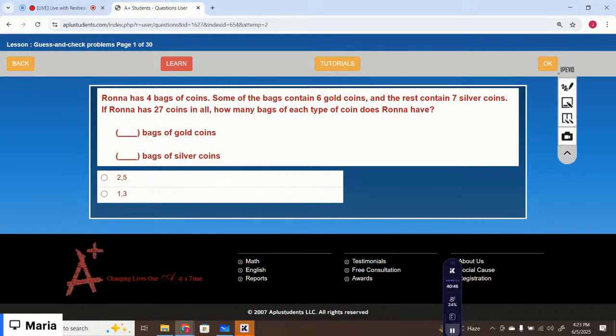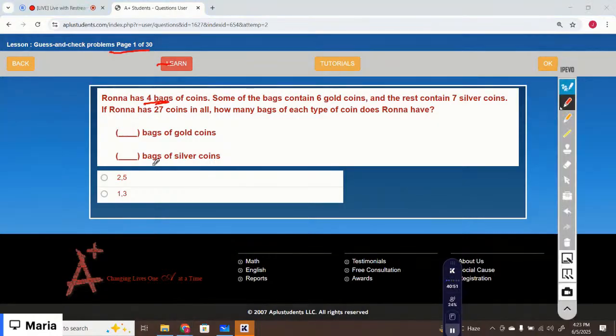So, how many bags of each type out of 4 bags of coins, right? 1 plus 3 makes 4, but let's check. Some of the bags contain 6 gold coins, 6 times 1, plus 7 silver coins, 7 times 3. 6 times 1 is 6, and 7 times 3 is 21. So 21 plus 6 is 27. The total coins she has is 27.